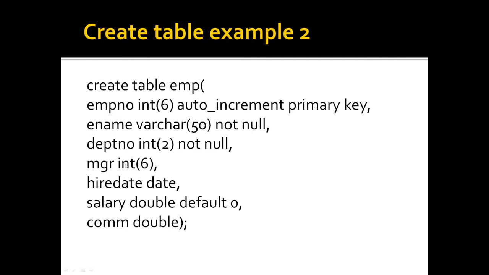That means this is optional, and if you don't specify a value, then the value will automatically be null. Hire date is a date field. Salary double with the default 0, and comm double with no default value. Again, if you don't specify a default value, the automatic value is null. So right here, the automatic value is 0. So let's try this.